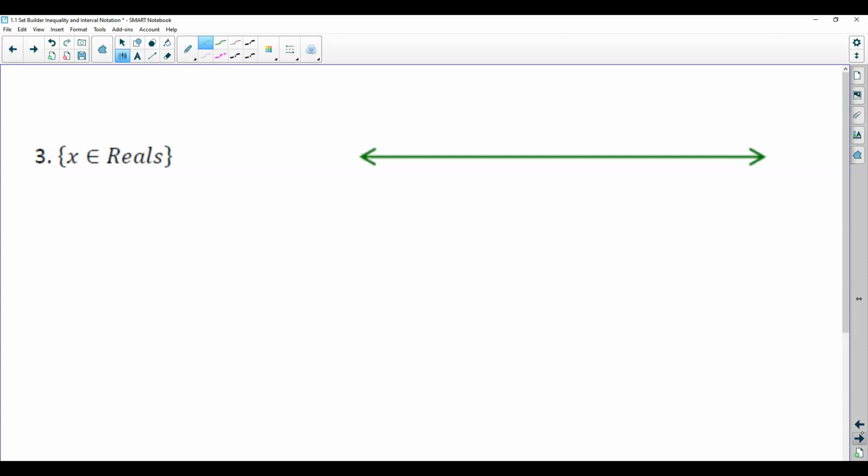Y'all, that stands for all real numbers. Like anything. Like an equation like this. Can you put anything in for x and it'll be a true number sentence? Yep. So how do I show that on a number line? You just highlight the color.